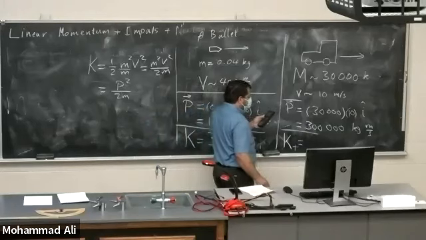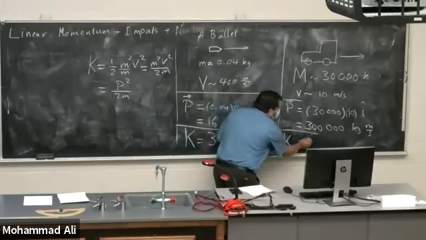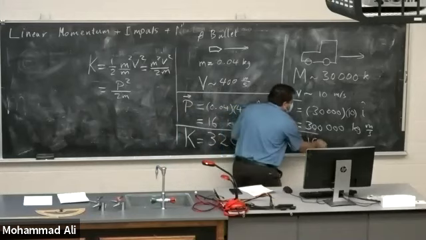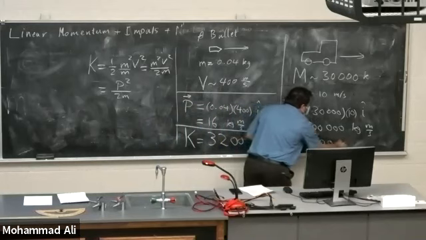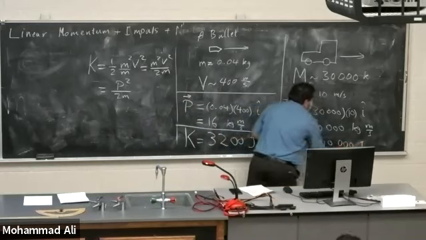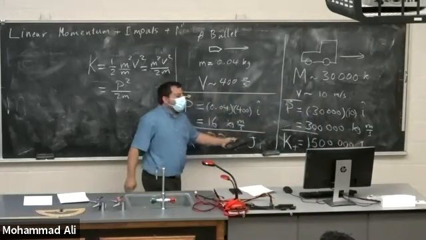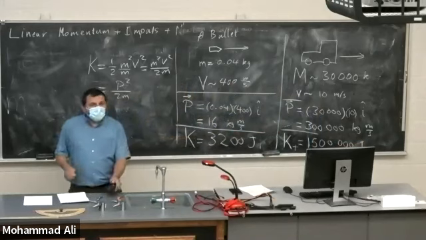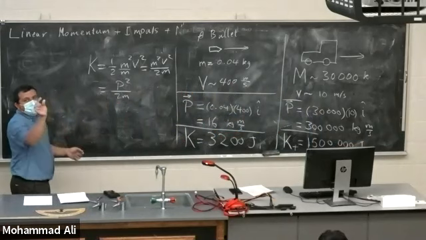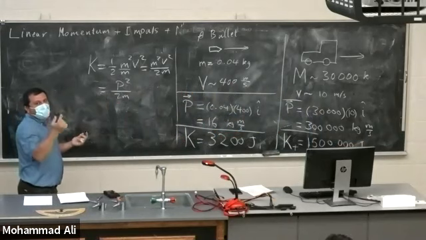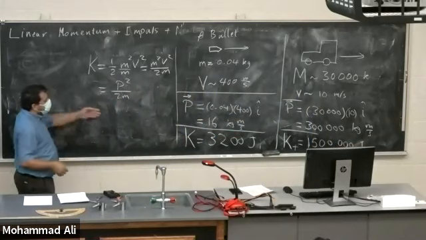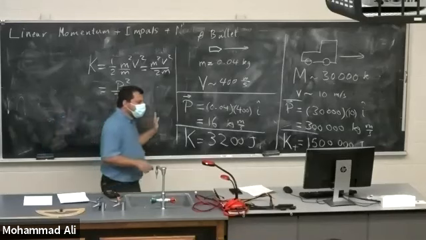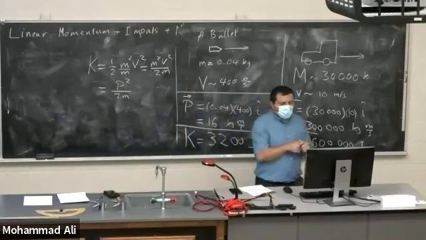The kinetic energy is 1.5 million joules, but here it is just 3,200. Yes, it is fast, but its mass is very low. It is the same kinetic energy law. There's no difference. So, any question about this line?